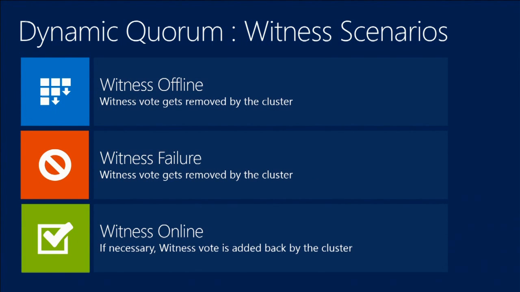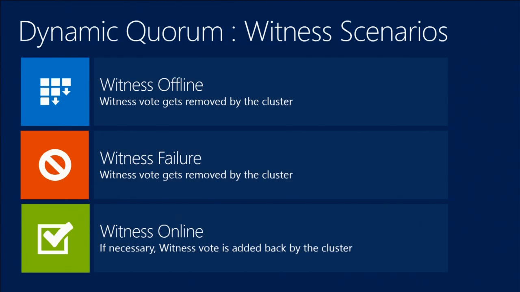In terms of witness scenarios, with the dynamic witness work, if you have an even number of active nodes in the cluster, the cluster gives the witness a vote. If you have an odd number of votes active, the cluster removes the witness vote.